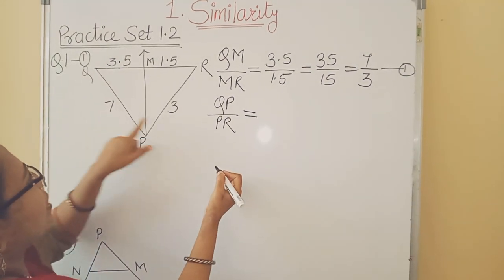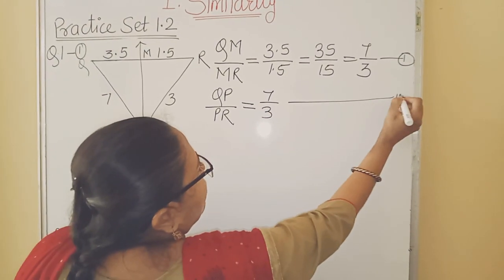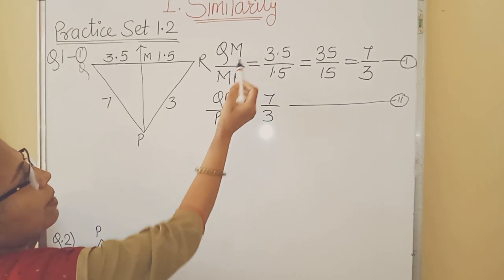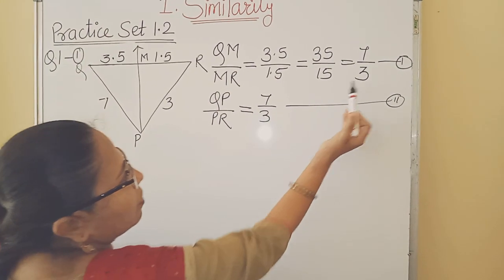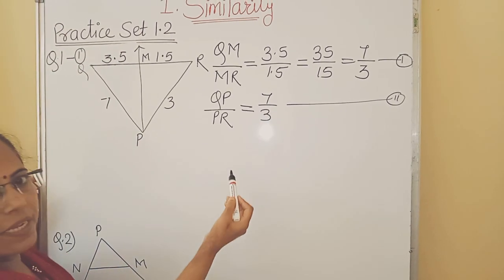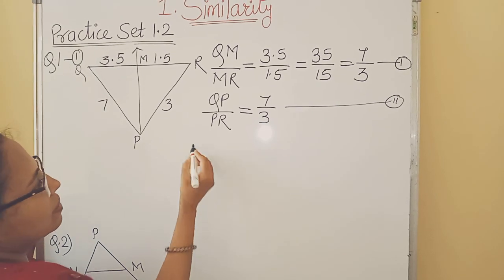Equal to 7 upon 3. This is our statement number 2. Now here you can see that QM upon MR equals 7 upon 3, and QP upon PR is also 7 upon 3. That means these two ratios are equal.